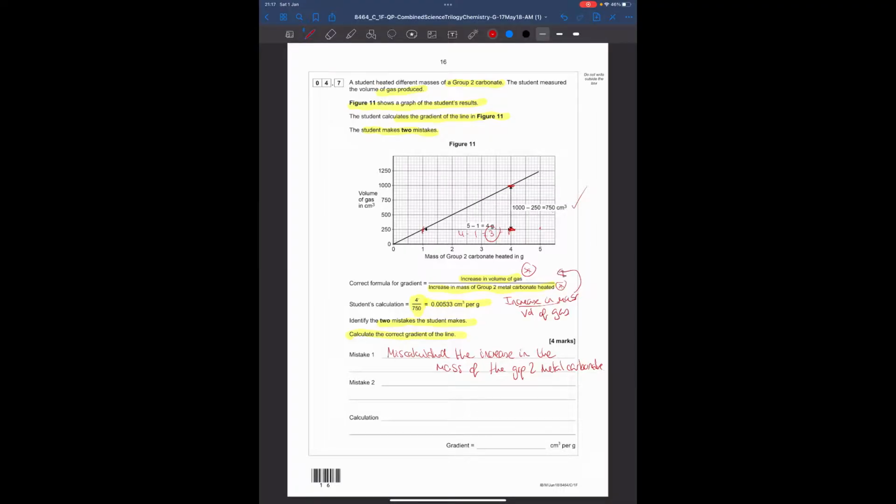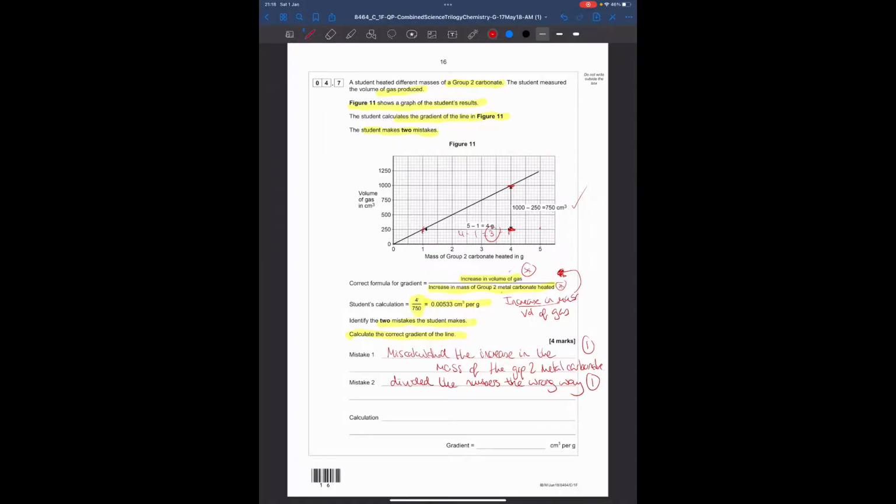They should have done it this way round, volume divided by the increase in mass. So their second mistake is they divided the numbers the wrong way.